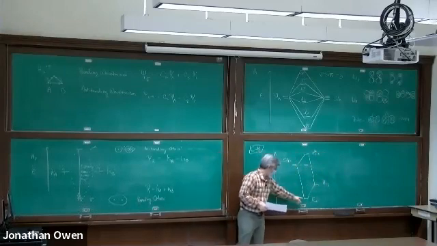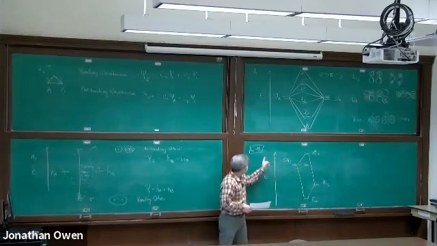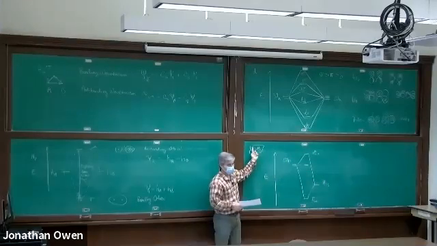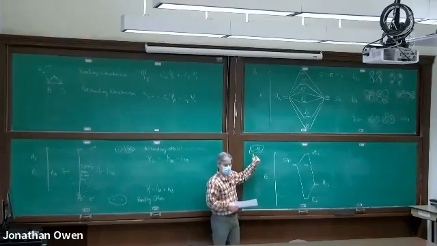And so the pz orbital is used to make the sigma bond. px and py, do they transform together or are they distinguishable? They're distinguishable? No.